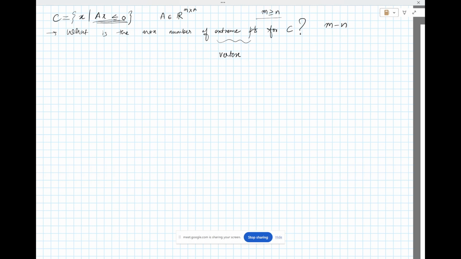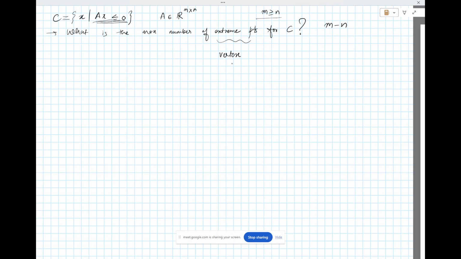Vertex of your polyhedra. So this vertex means what?